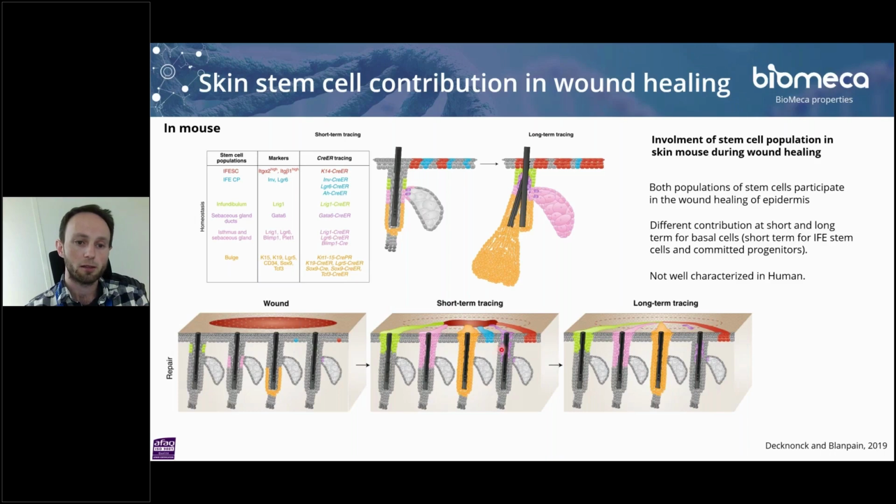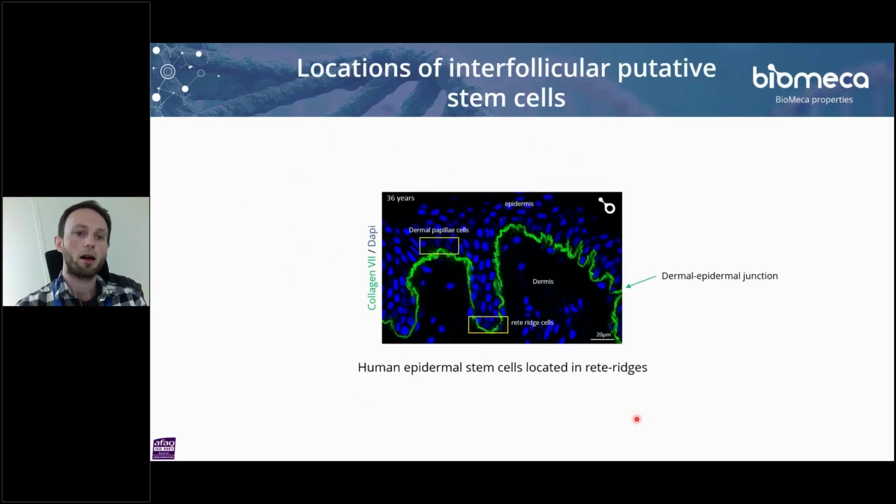Intrafollicular stem cells, in red, and committed progenitor, in blue, only participate in the wound healing at short term after the time of injury, whereas stem cells from hair follicle participate in a longer term during the wound healing process, as these populations of stem cells are identified and detected several weeks after the time of injury.